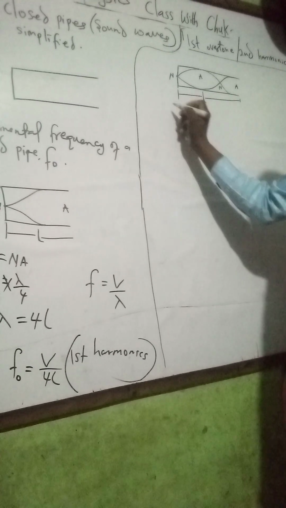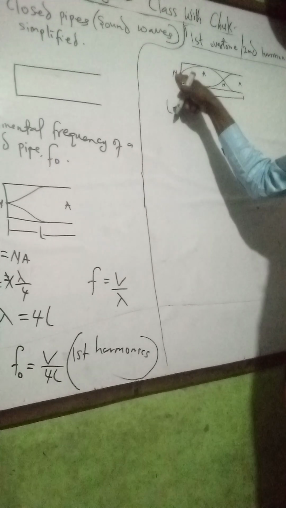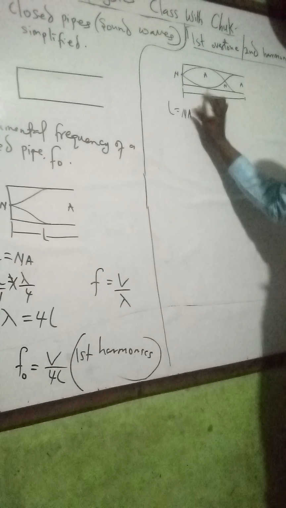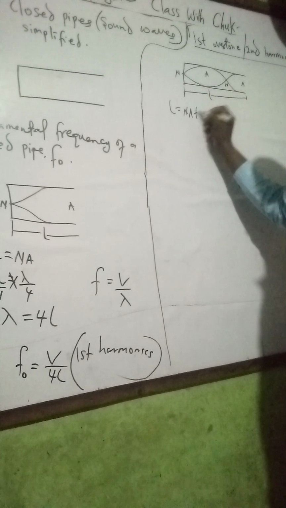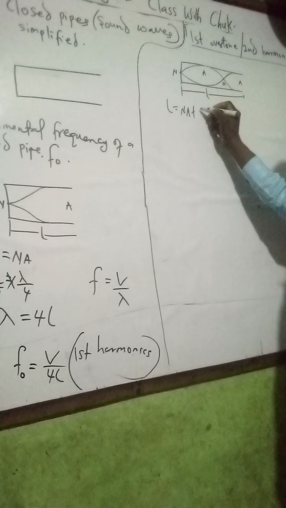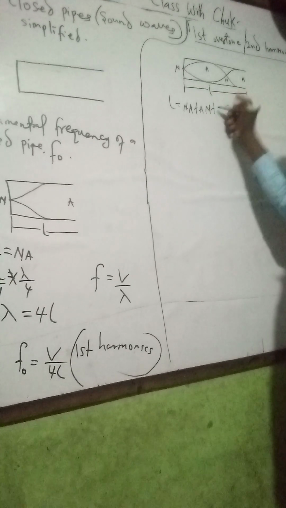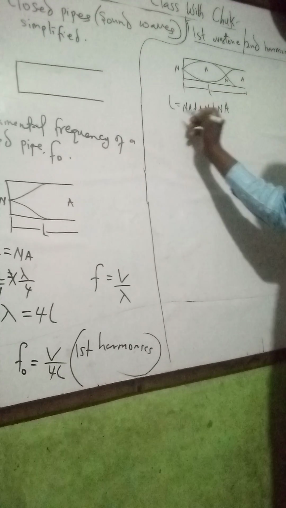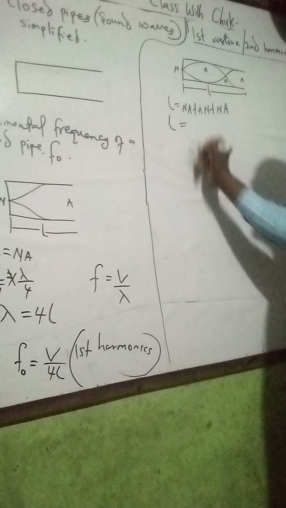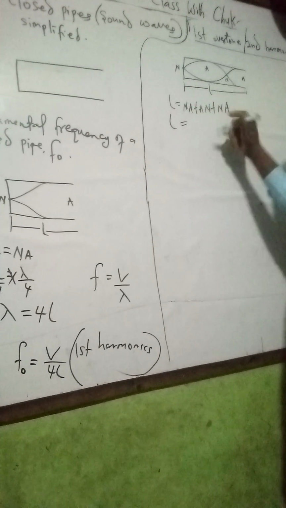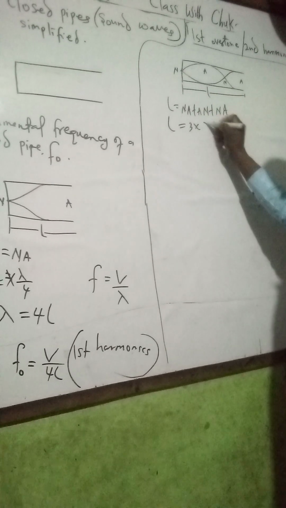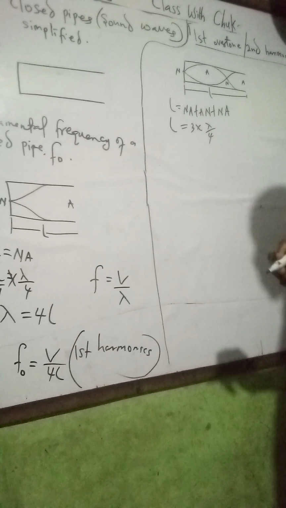Let's get the length. The length should be NA plus AN plus NA. Now, our length L will be 1, 2, 3. Each one is equivalent to 1/4 of wavelength.